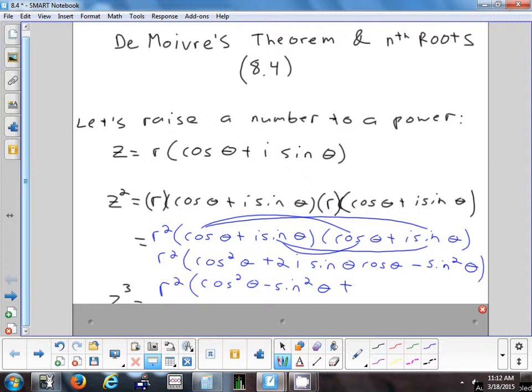Plus, I'm going to switch the 2 and the i to help you see the identity a little better. 2 sine cosine. All right, so now this is something, and this is something else.